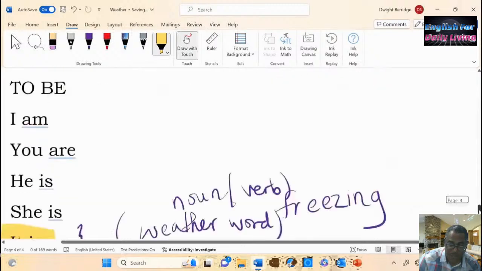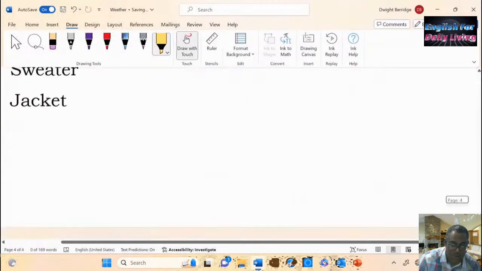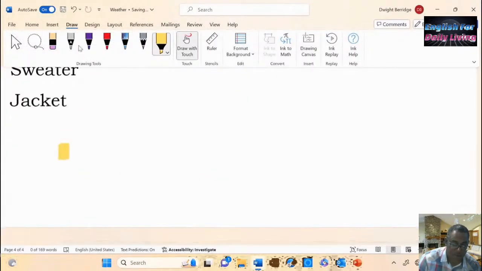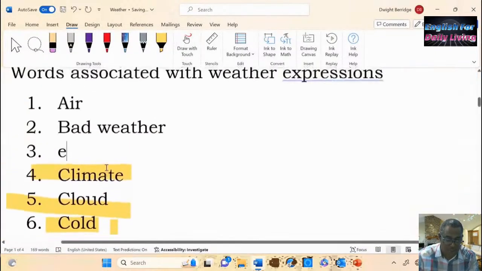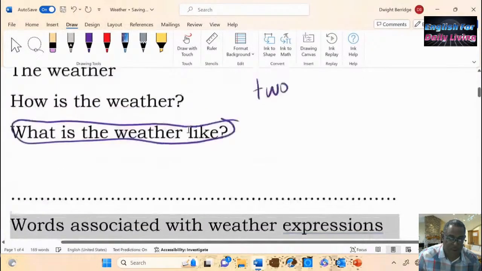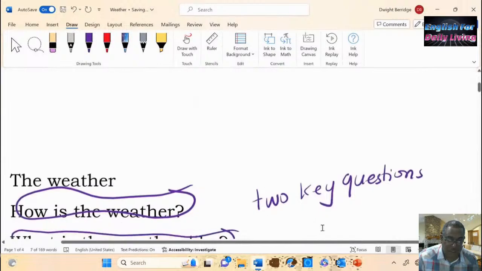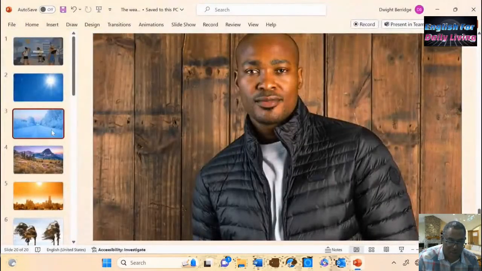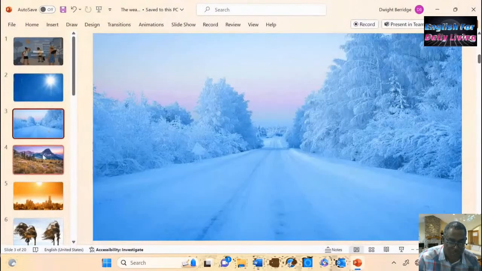We described various weather expressions using the verb to be, and we also were able to describe the weather. We looked at some words associated with the weather. We looked at these various pictures depicting weather conditions.